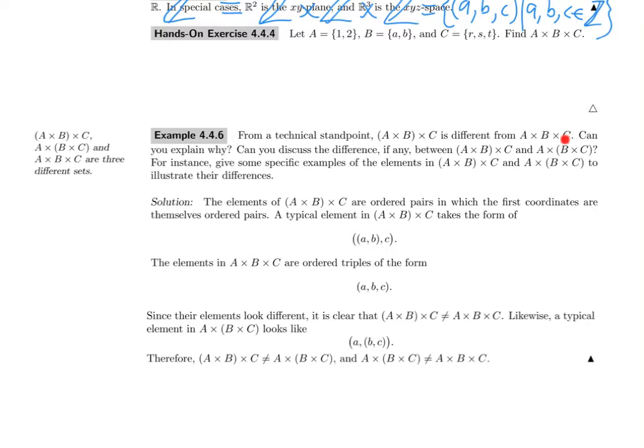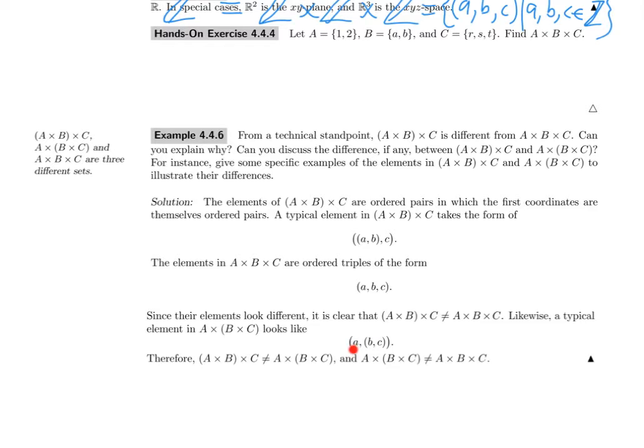A cross B cross C would be ordered triples. That's not the same structurally as these elements from (A cross B) cross C. If we were to examine A cross (B cross C), we would have elements that look like this.